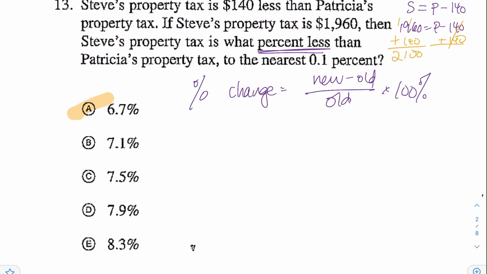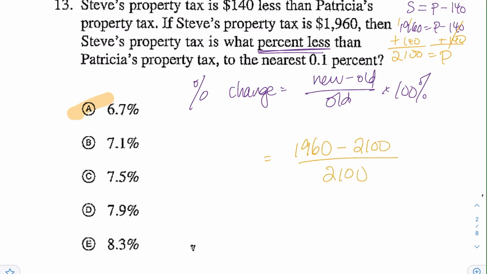So you figure out that Patricia's is equal to 2100. So when you substitute into the percent change, that will be 2100 minus 1960 divided by... it should be the other way around. That's 1960 minus 2100 divided by 2100.